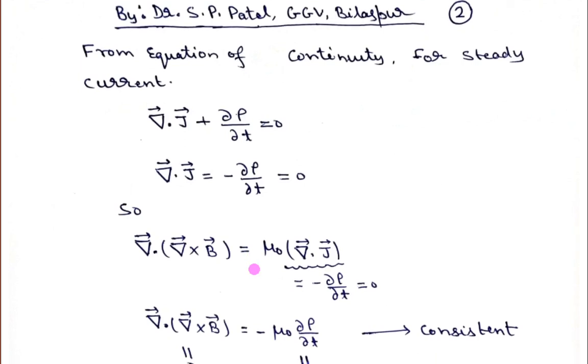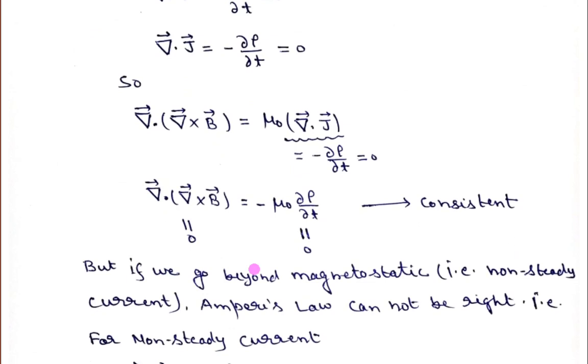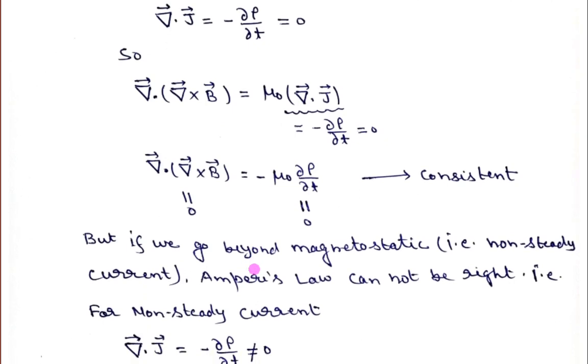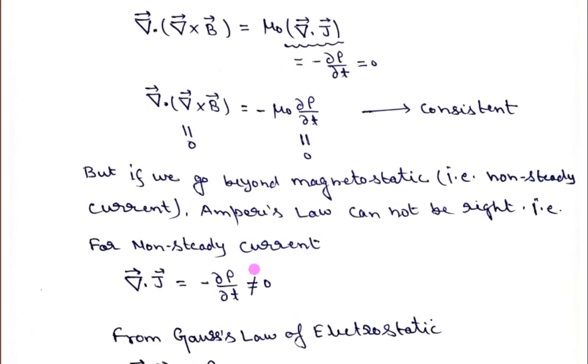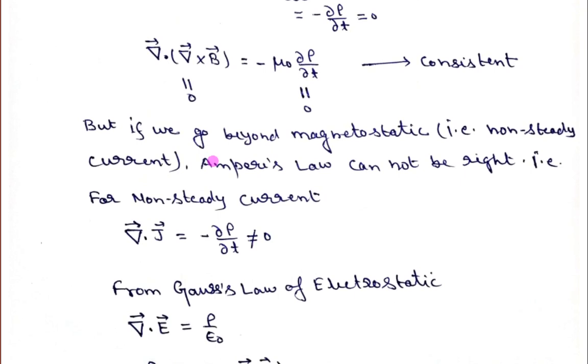But Maxwell was intelligent enough to find out the mistakes the earlier scientists were making. He realized that we should go beyond magnetostatics. When we considered the steady current, and because of the steady current calculated the magnetic field, we called that the magnetostatic part.